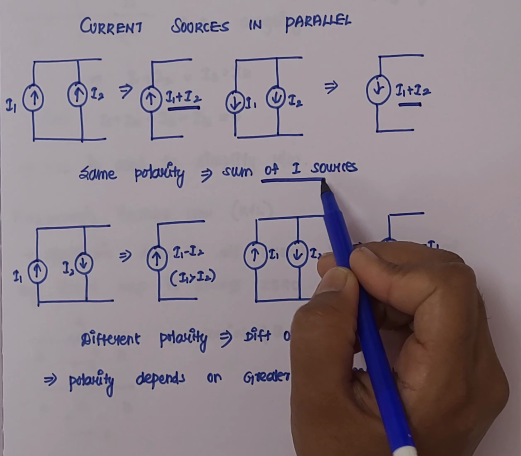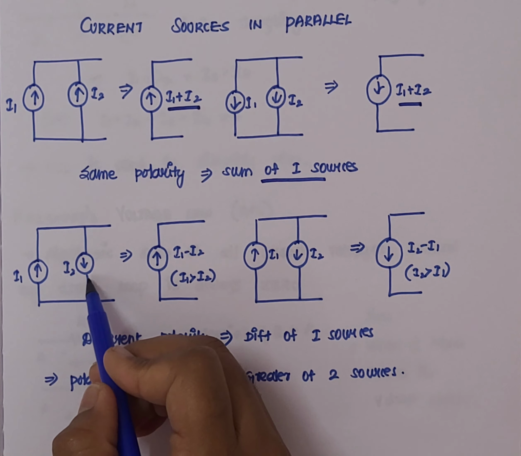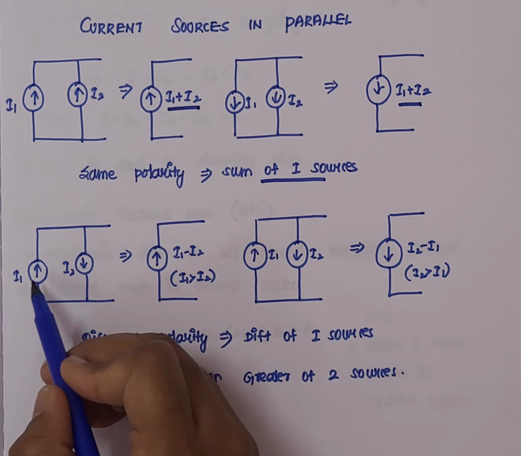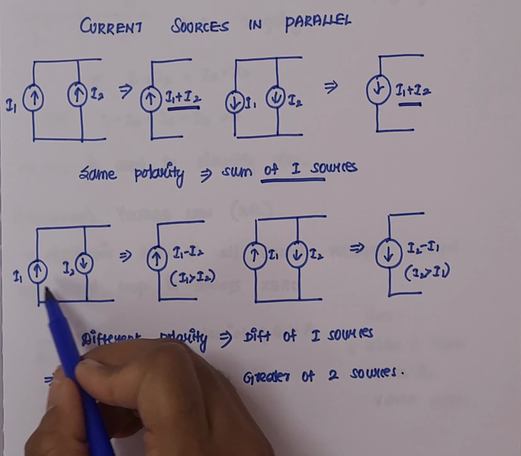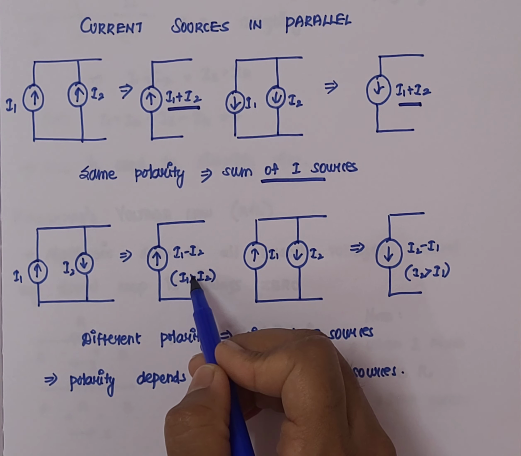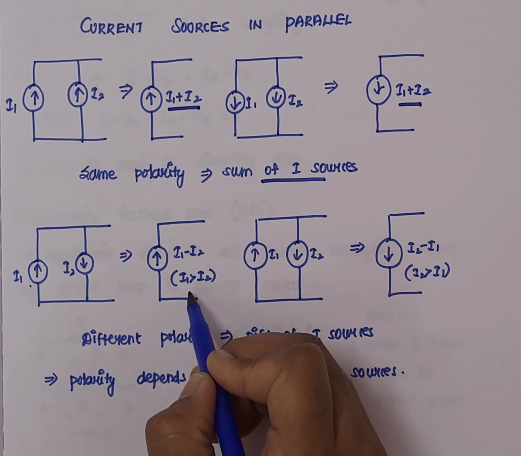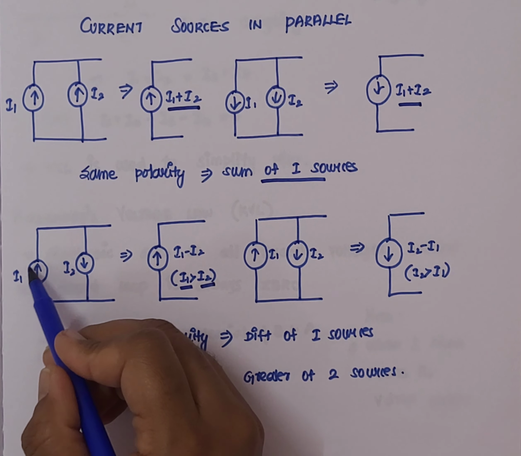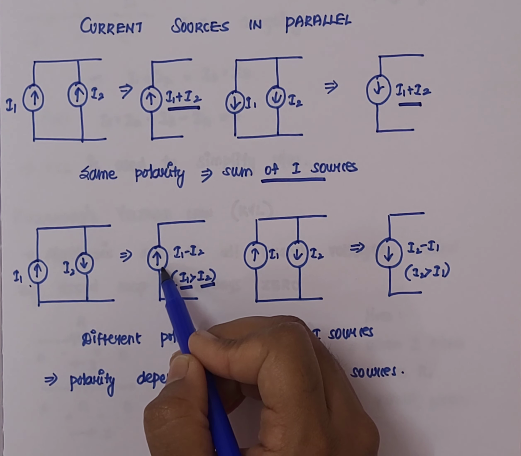So when we have same polarities for both the sources, then the equivalent value will be just the sum of two current sources. So the second case is, again we have two different current sources, but the direction is getting changed over here. So I1 is flowing in one direction and I2 is flowing in the other direction. In this condition, the equivalent circuit will have the value as I1 minus I2 whenever the I1 value is greater than I2, and the current of I1 direction will be maintained for this equivalent circuit also.